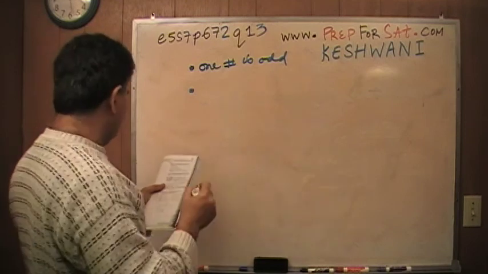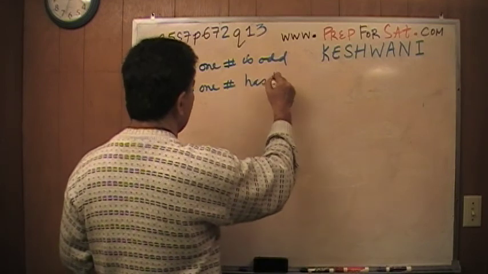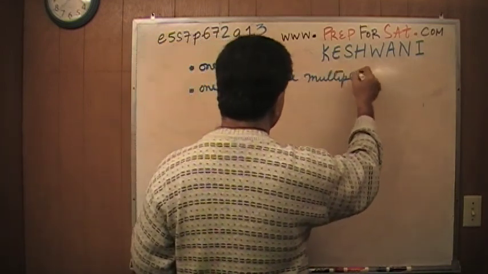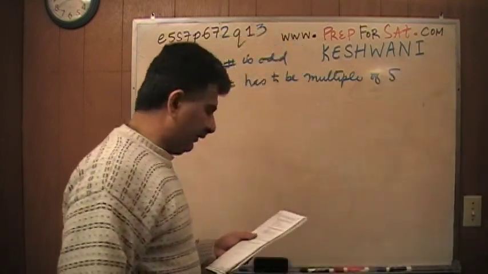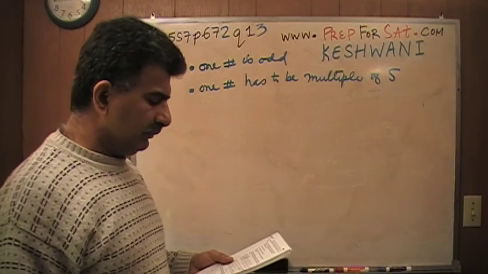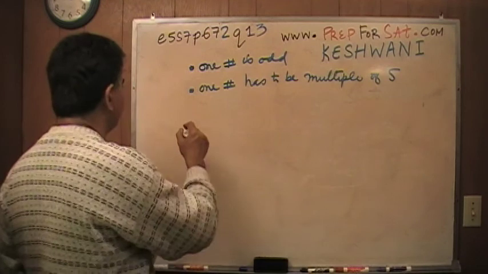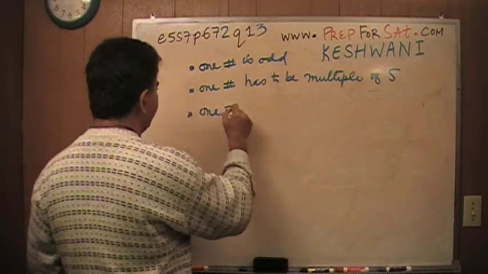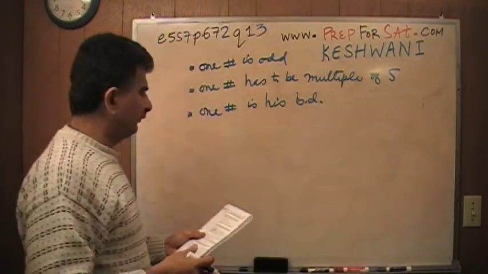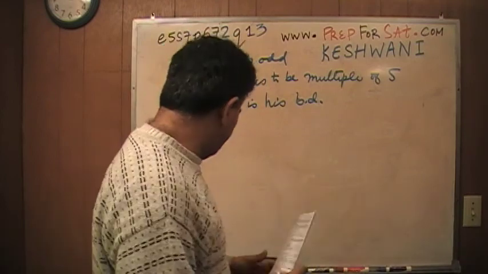Another condition is that one of these numbers has to be a multiple of 5. The third condition we are told is that one of the numbers is the day of the month of Kyle's birthday. One number is his birthday. So far so good. Our job is to find out which is that combination among the 5 that are given to us.